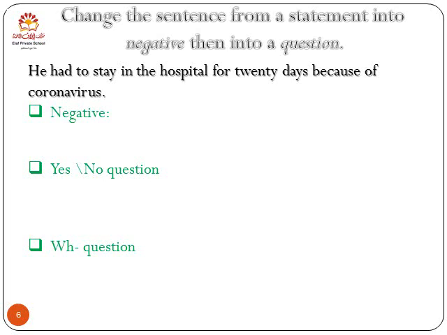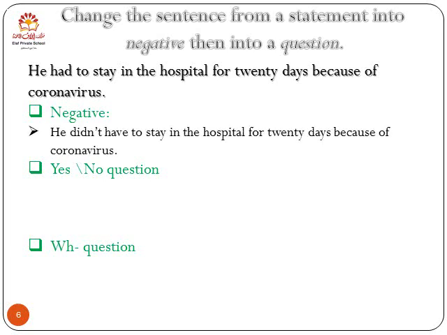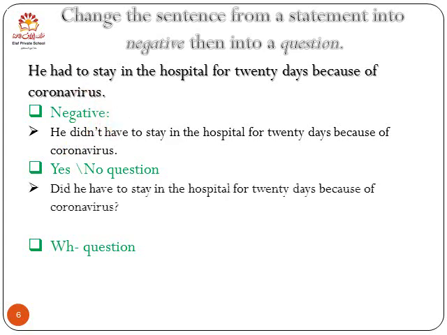Okay, the negative form is he didn't have to stay in the hospital for 20 days because of coronavirus. All right? So here I used did not. I changed from had to into have to. Now for yes, no question, did he have to stay in hospital for 20 days because of coronavirus?